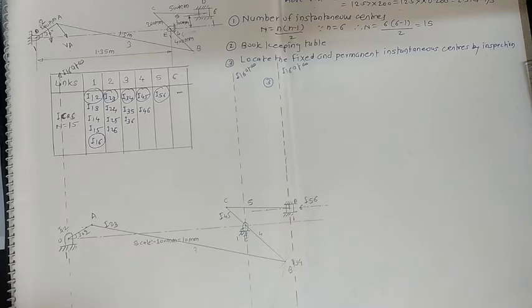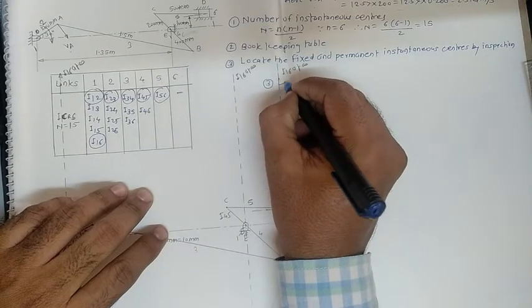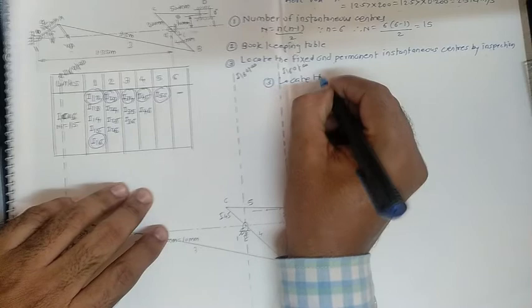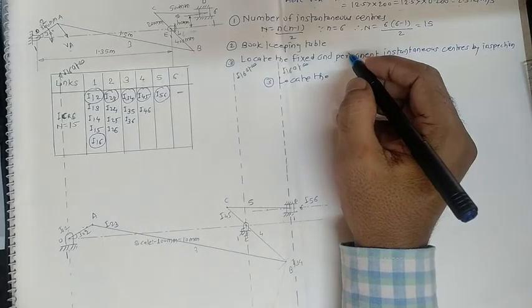So move towards the next step, that is, locate the neither fixed nor permanent instant centers.